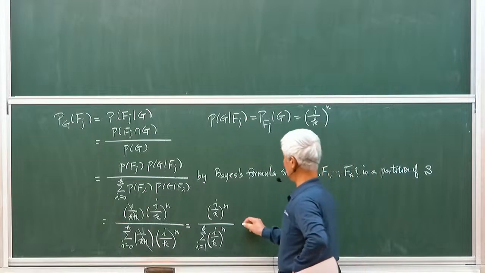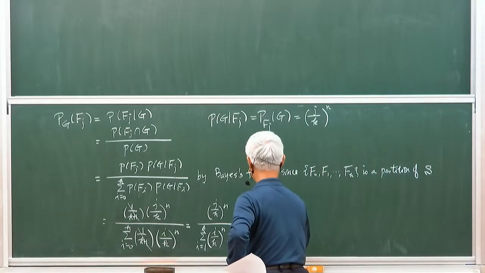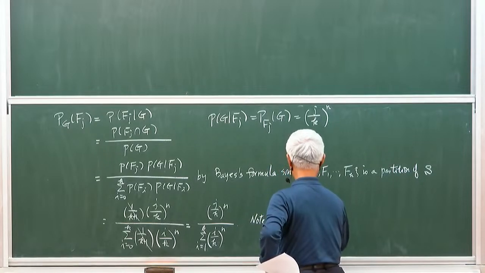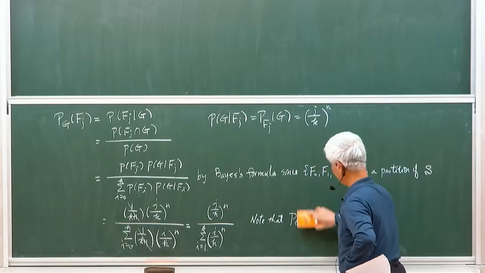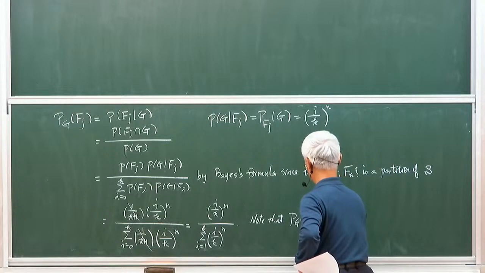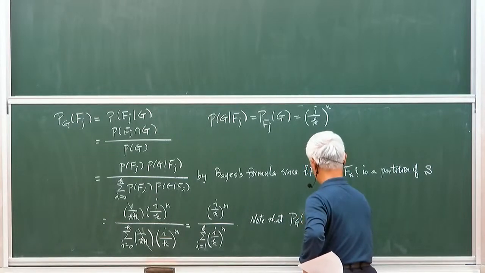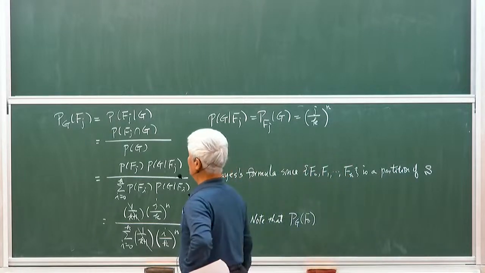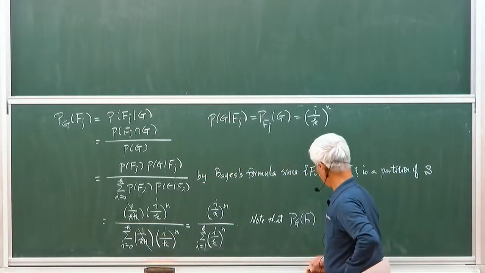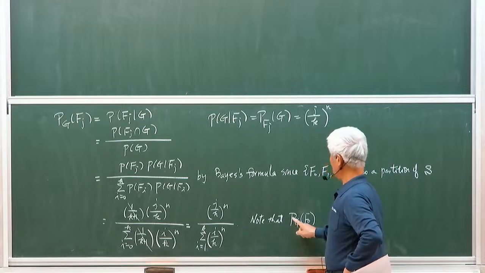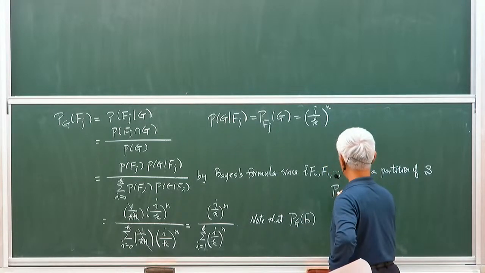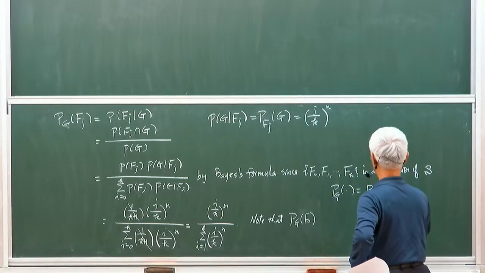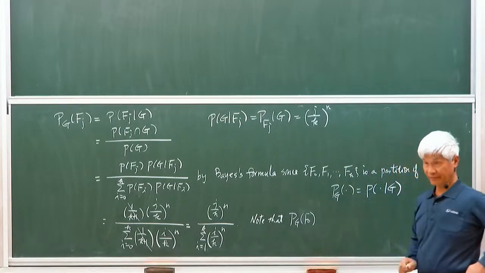We know that P(· | G) is a conditional probability function.